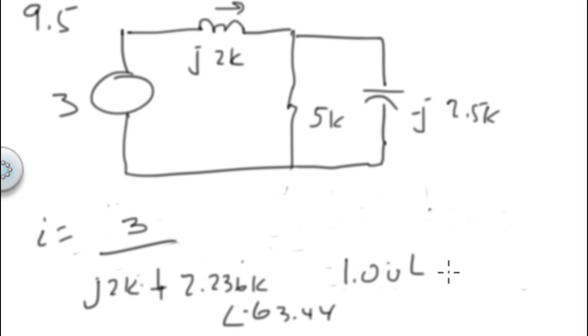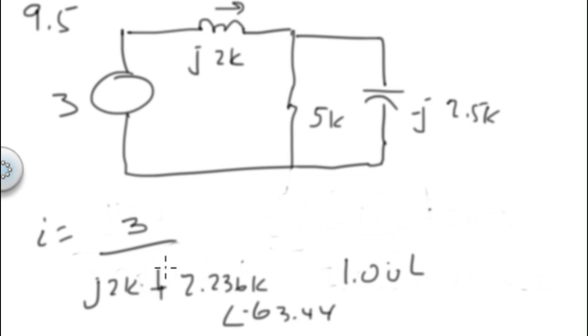Maybe I got that wrong. Okay, let's try it again. 2.236 P to R, 63.44 with a minus sign in front of it equals 0.99 at angle.